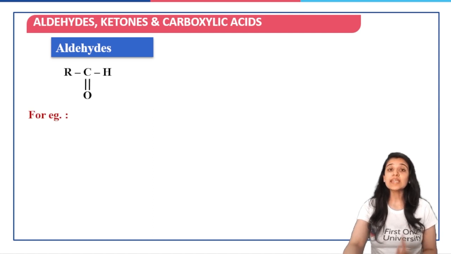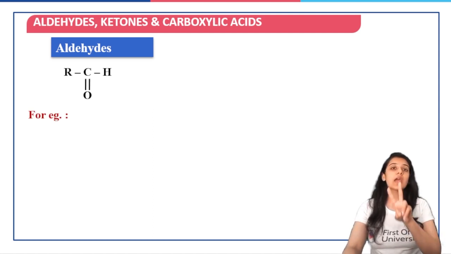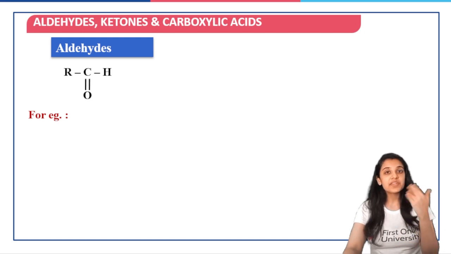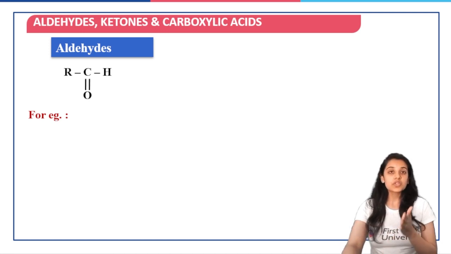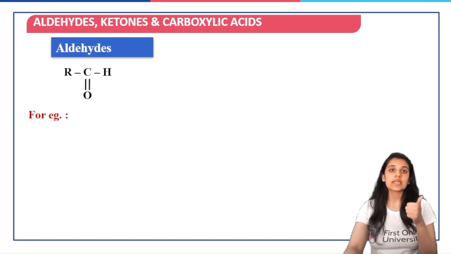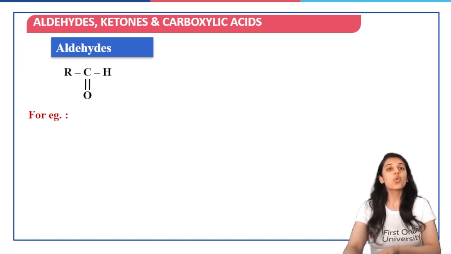However, in case of ketones, we have both the R groups. Now, one of the R groups can even be hydrogen, right? But then that will get transformed to aldehyde. So the major difference is that the carbonyl carbon has one hydrogen in case of aldehydes, and it has no hydrogen in case of a ketone.